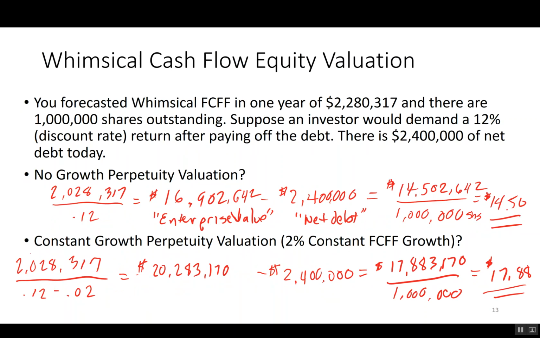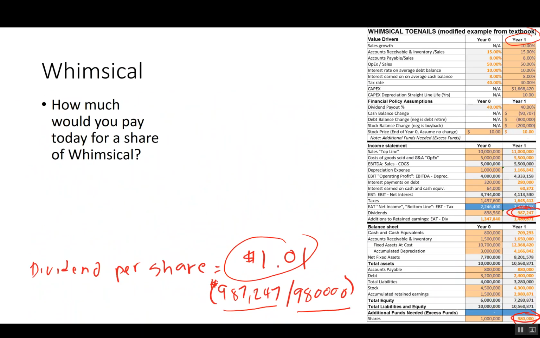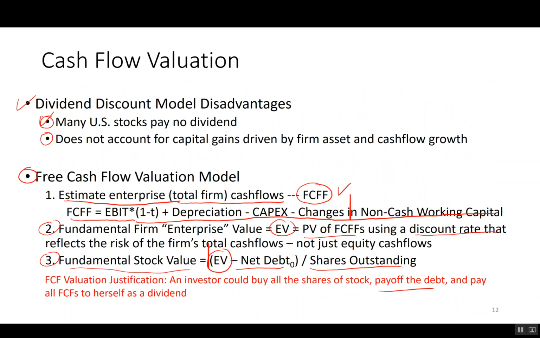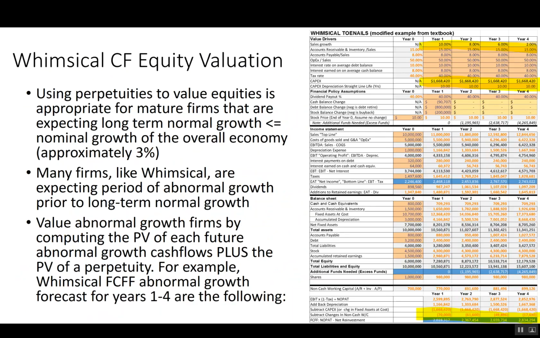So let's look at some simple Whimsical cash flow valuation models, and we'll do a little more complicated one. Let's say that based on our model, Whimsical is going to have free cash flows to the firm next year of $2,028,317.